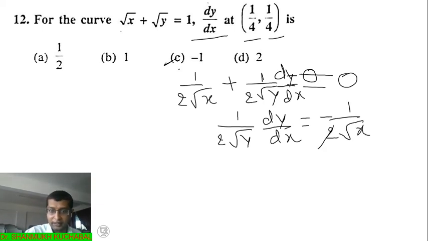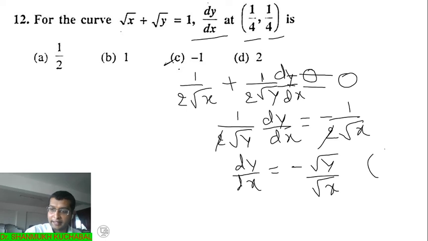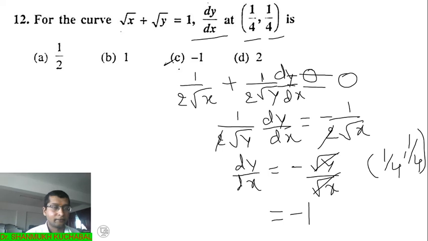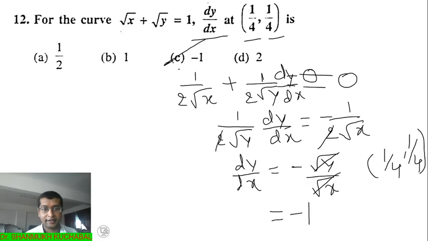So 2 gets canceled, so dy by dx equal to minus root y divided by root x, we get it. Now x I take as 1 by 4, and y I take as 1 by 4, so both are the same value, so they cancel, and we get the answer as minus 1. Therefore C is the right option.